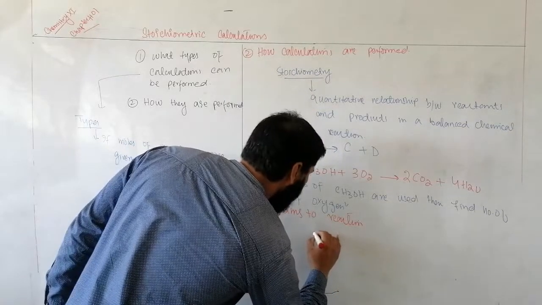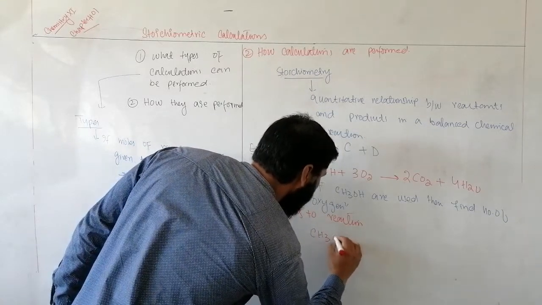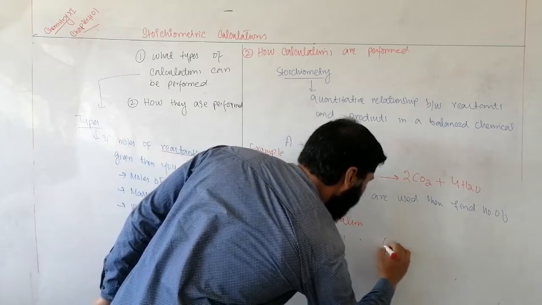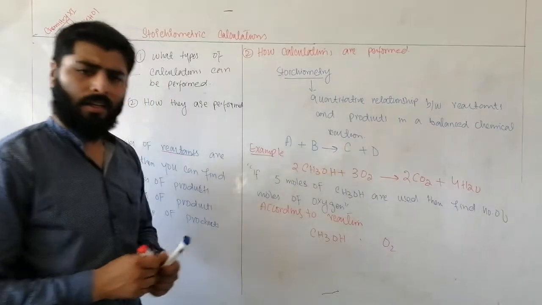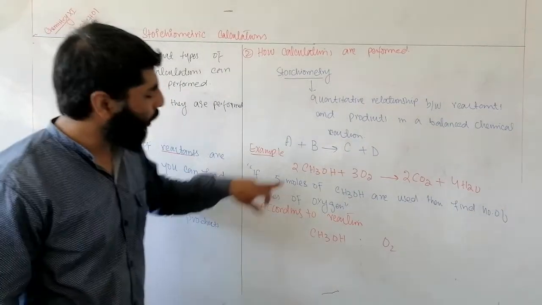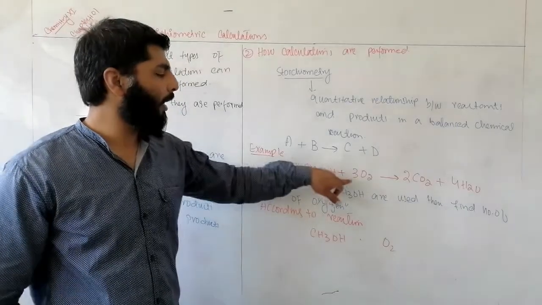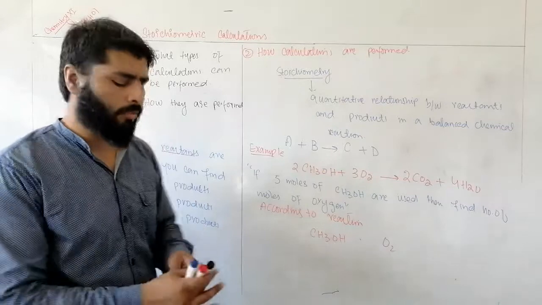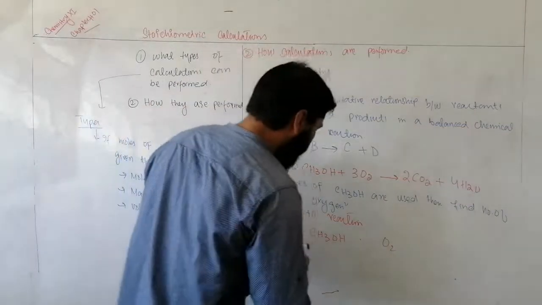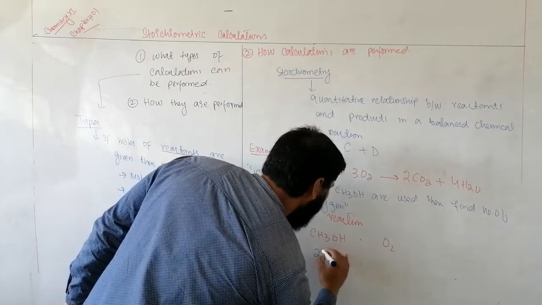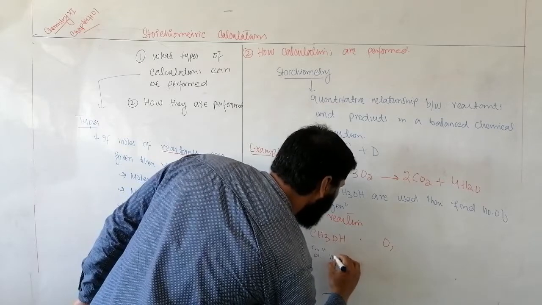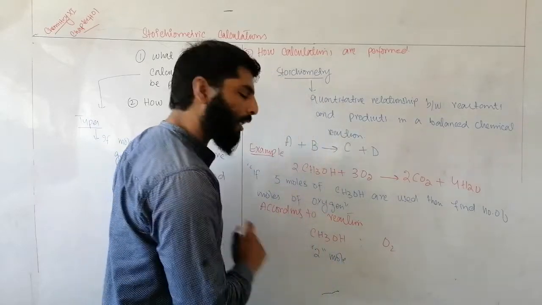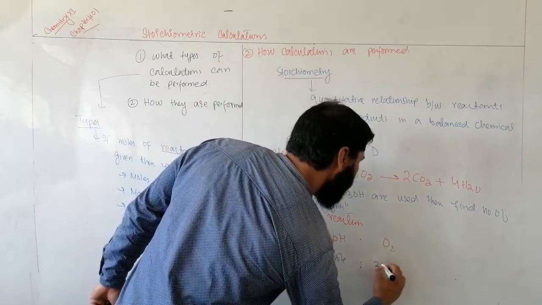According to the equation, 2 moles of methanol react with 3 moles of oxygen.